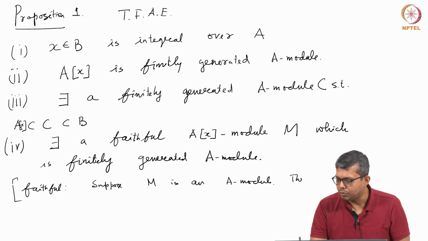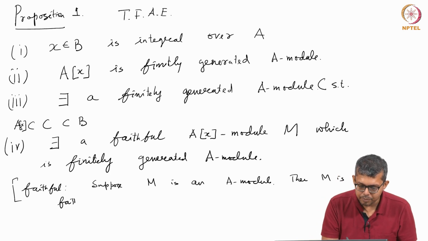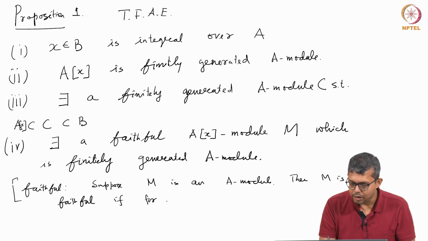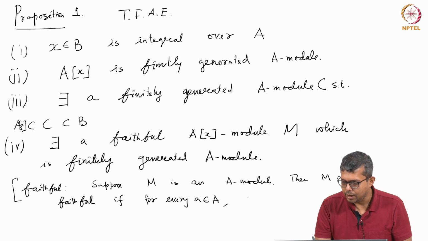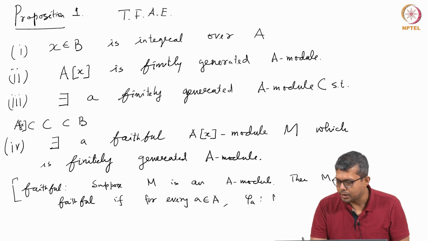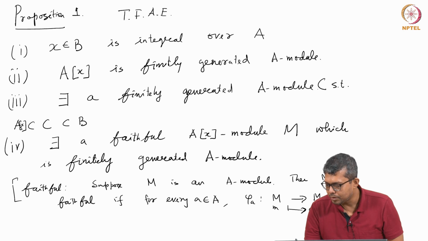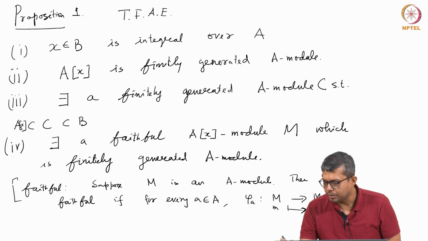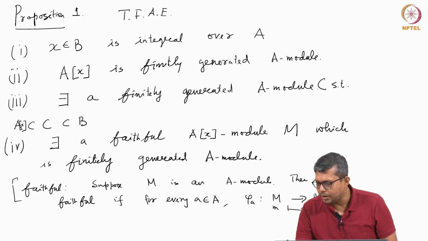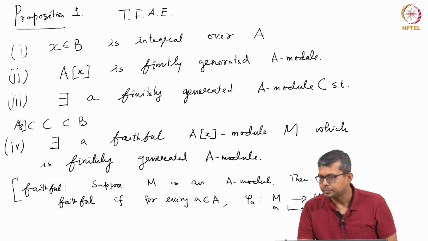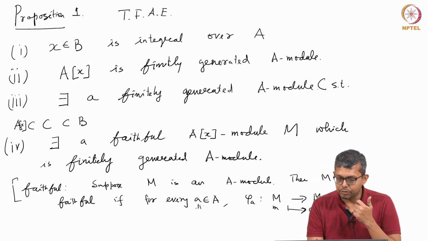Then M is faithful if for every a belonging to A, a not equal to 0, the A-linear map phi_a which sends m to am is not 0.